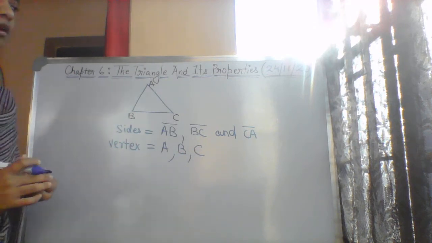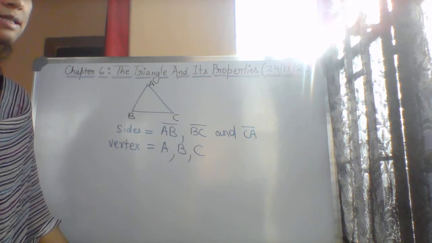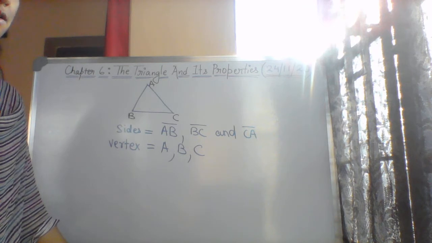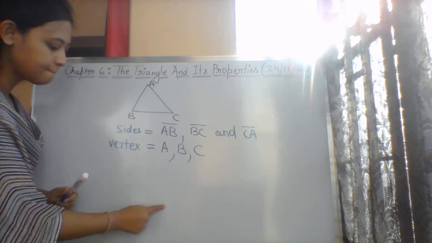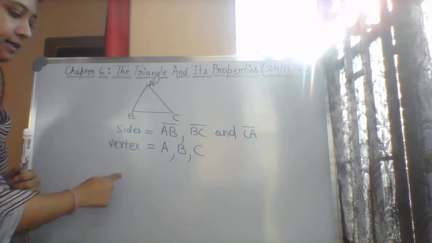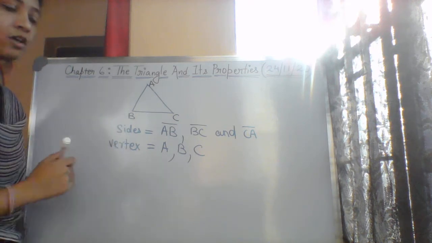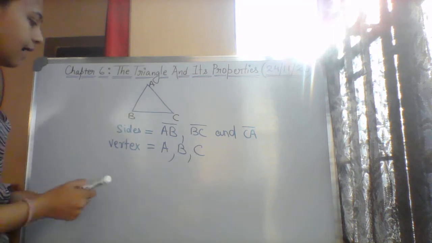Now one more thing you have learned in the 5th chapter about lines and angles. Using lines we make angles. Angles are formed by the intersection of two lines. So here, can you get what are the angles present?